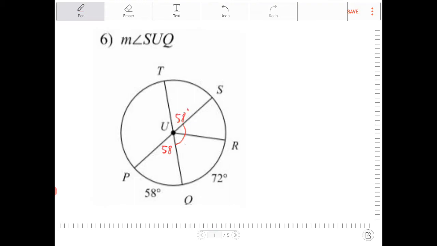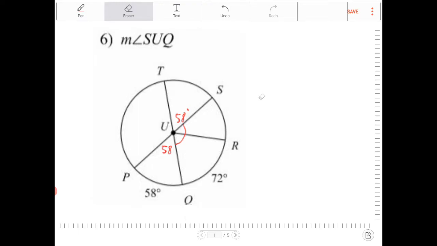And if this is 72, then that means this is 72. Oh, what am I doing? We didn't even need to know all of that. We did not need to know this angle over here because PUS is a straight line, right?